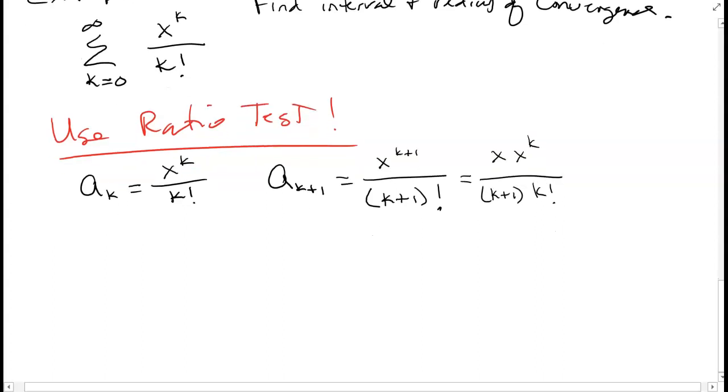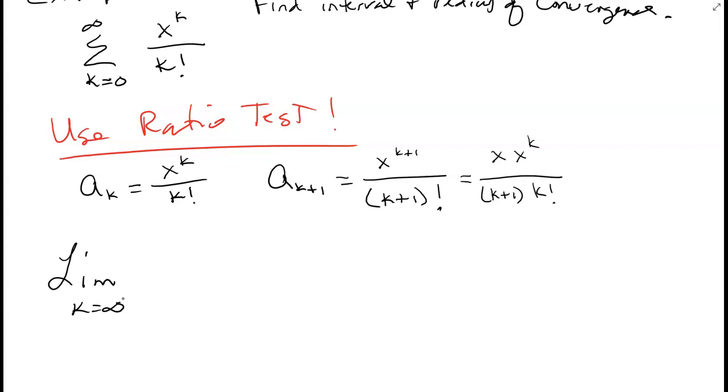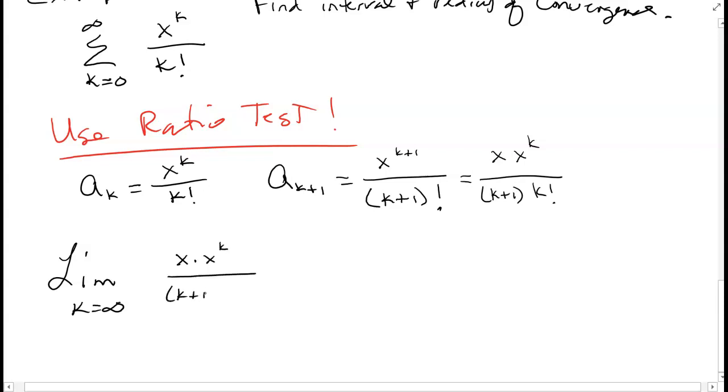If you recall, when you do a ratio test, you take your limit. In this case, it's k goes to infinity. What we're doing is a sub k plus 1 divided by a sub k. But a sub k plus 1, we just said, was x times x to the k over k plus 1 times k factorial. Instead of dividing by a sub k, I'm going to multiply by the reciprocal.